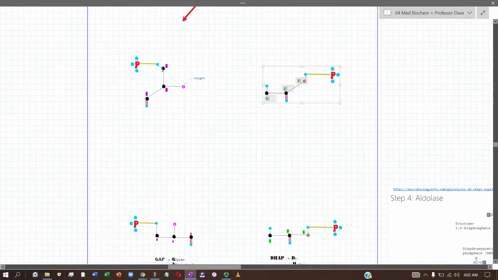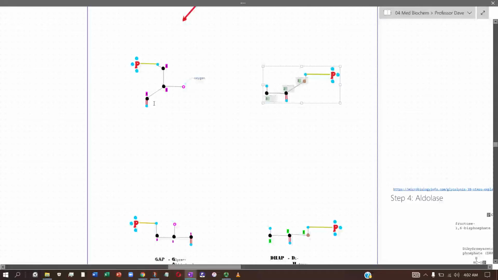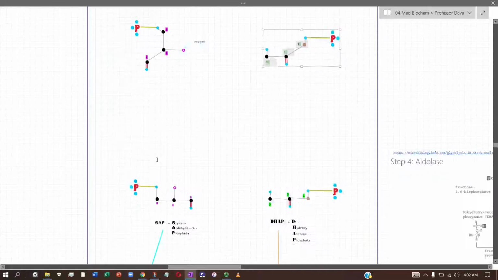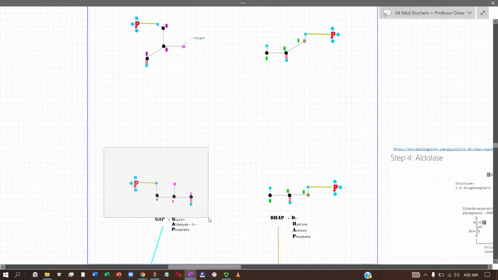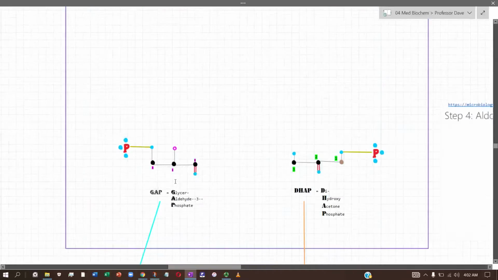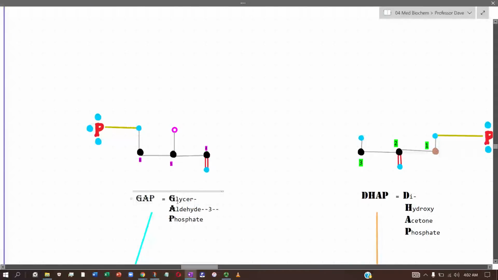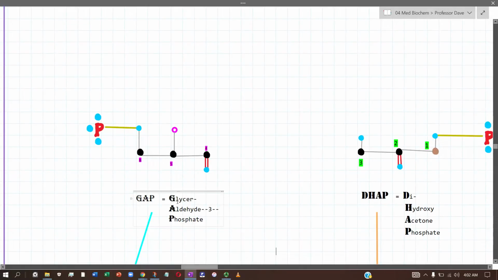All of these atoms, I moved them around just to make them a little more linear. And one of the resulting molecules from that split is this molecule called GAP, which stands for glyceraldehyde 3-phosphate.